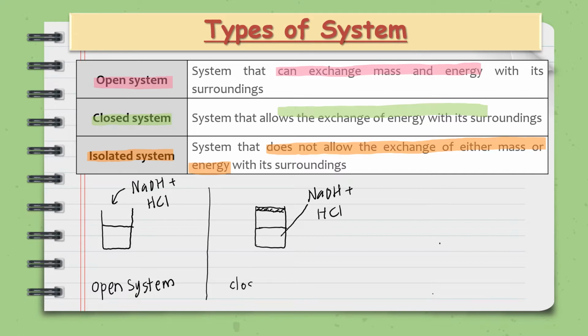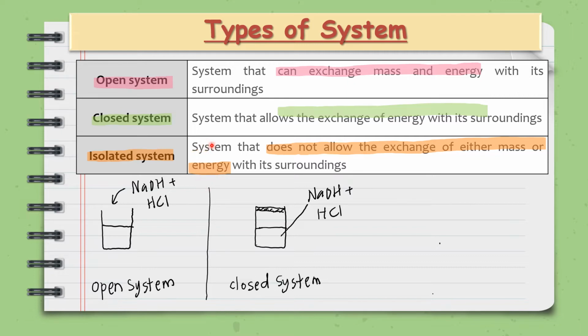So this is what we call a closed system, where there might be some transfer of heat from the reaction, from the system here to the surrounding outside. But there will be no exchange of mass.